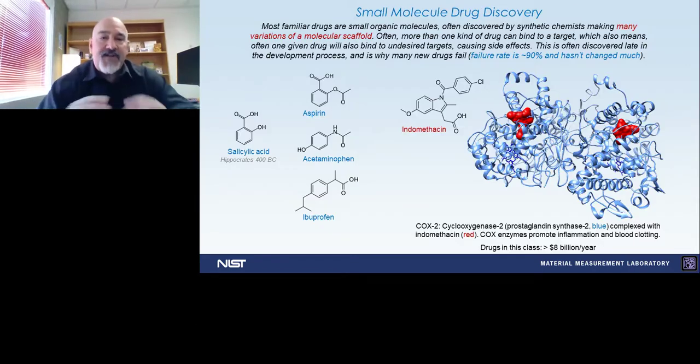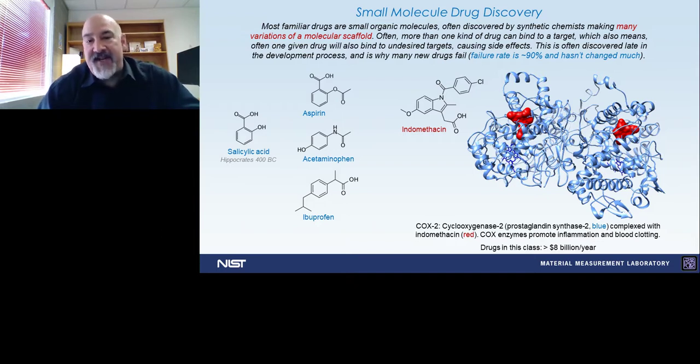As a little digression, it's useful to consider what traditional drug discovery has been about. Small molecule drug discovery, like aspirin, Tylenol, and so on. So most small molecule drugs work by targeting a specific protein or class of proteins, like the one shown on this slide, which is cyclooxygenase, or COX.